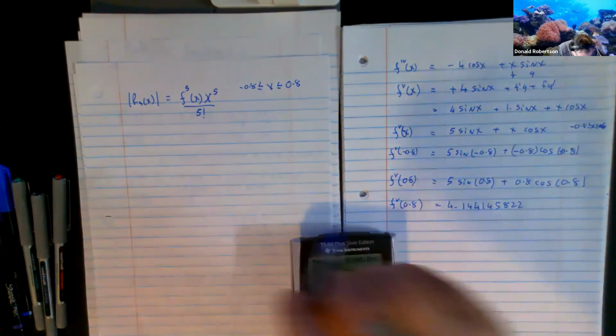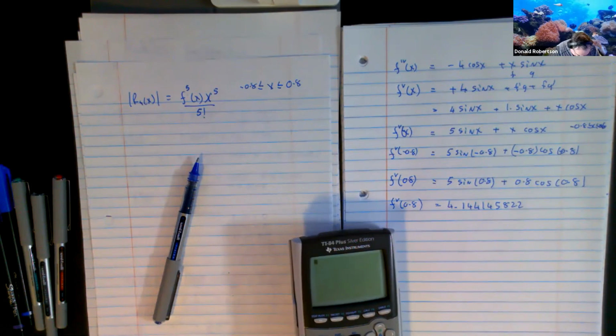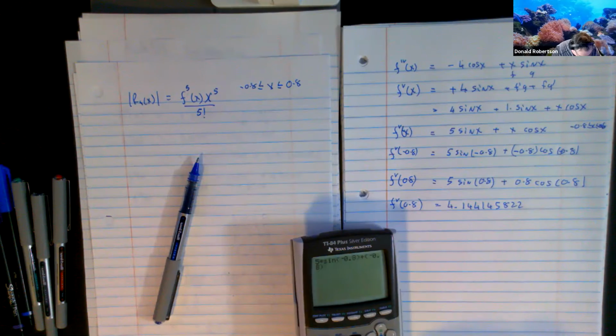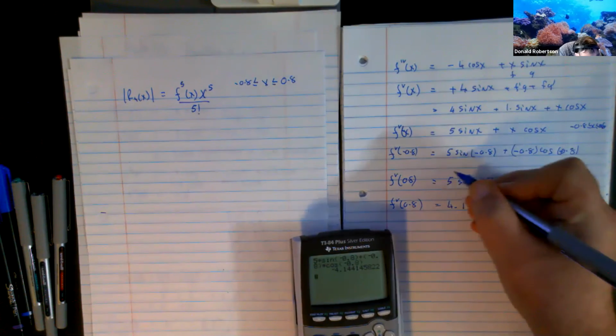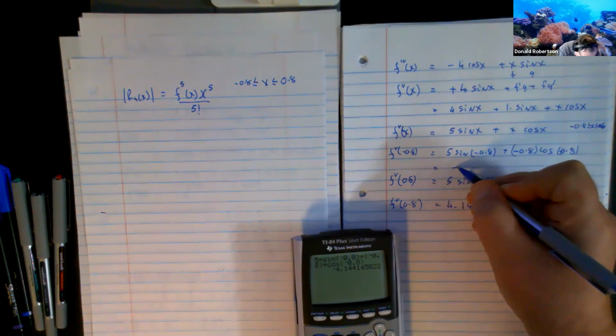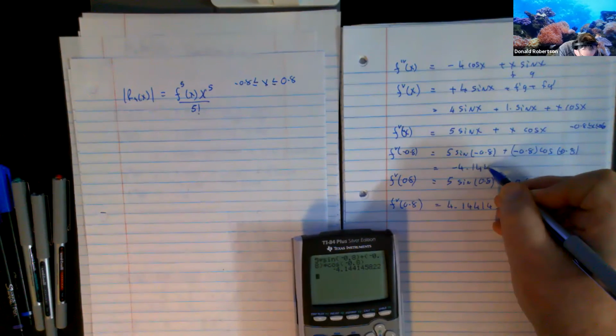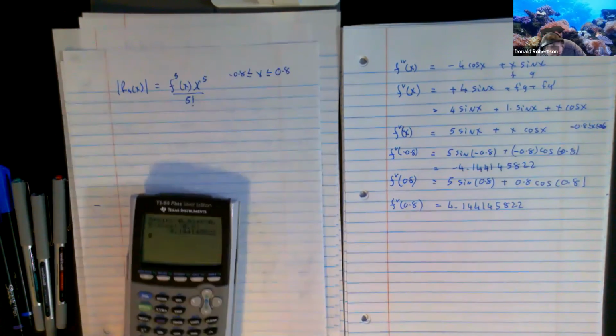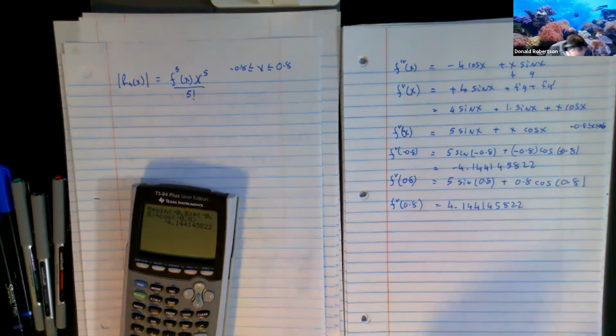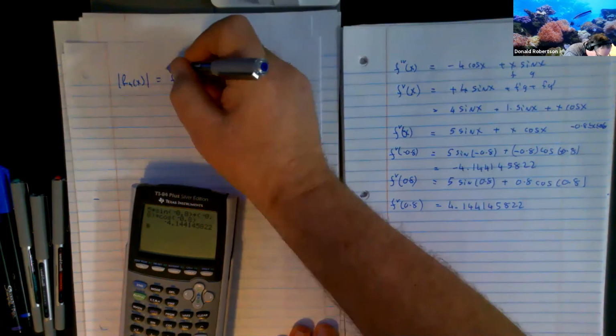And if I do the one above it, I get 5 times the sine of negative 0.8 plus negative 0.8 times the cosine of negative 0.8. And this guy ends up giving me negative 4.144145822.